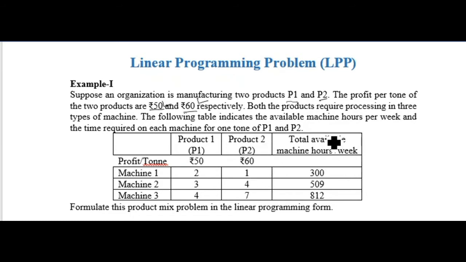Machine 1 takes 2 hours for product 1 and 1 hour for product 2. Machine 2 takes 3 hours for product 1 and 4 hours for product 2, and total available machine hours per week is 509. Machine 1 has 300. Similarly for machine 3 it has been given.